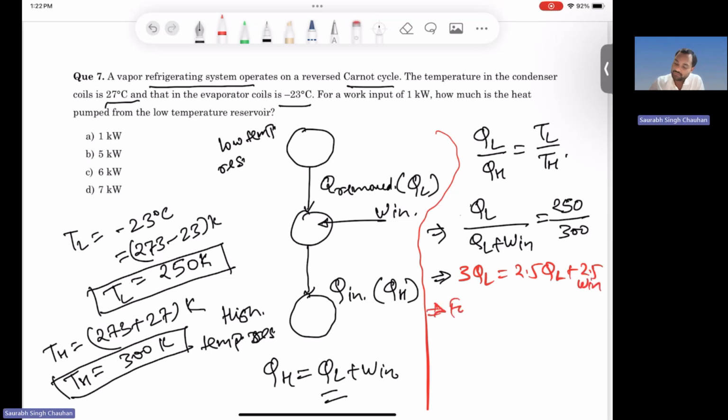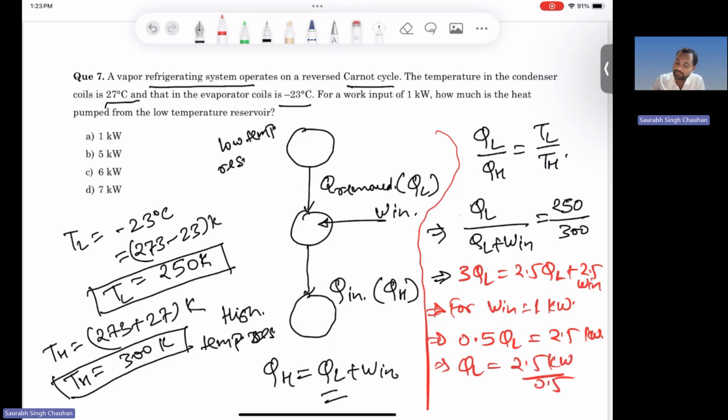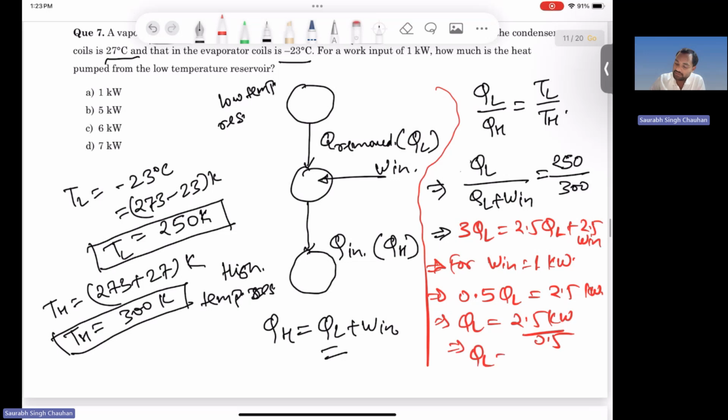For Wn equal to 1 kilowatt, you have 0.5 QL is equal to, sorry, 2.5 kilowatt. So from here you get QL is equal to 2.5 kilowatt divided by 0.5. So QL is equal to 5 kilowatt.